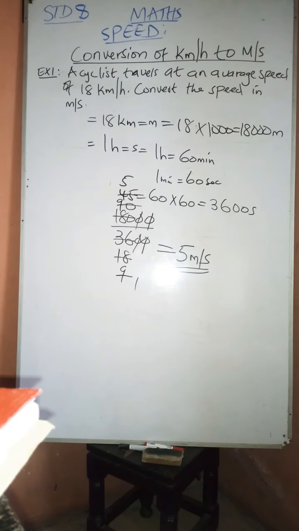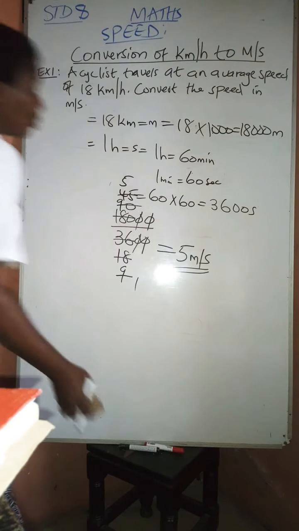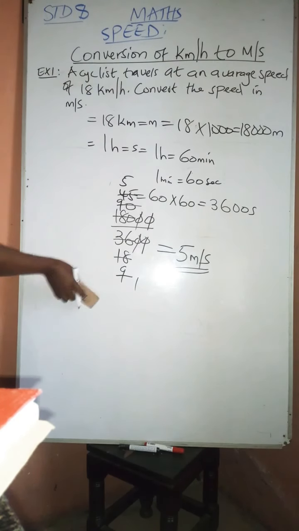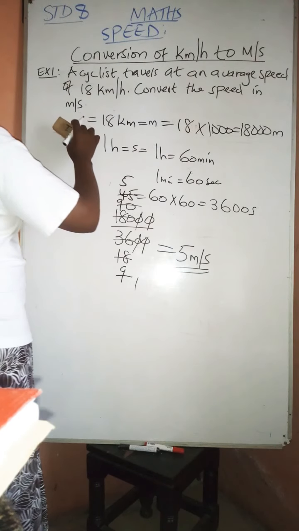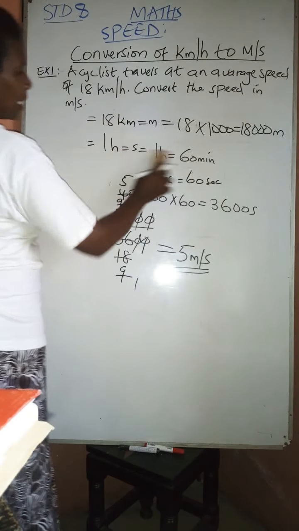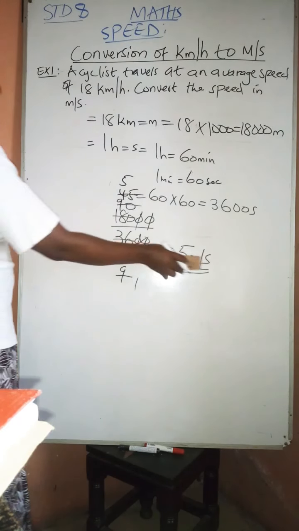So this simply means that in every second traveled, this person covered 5 meters. Now, we usually have a simple formula. This is the long method, the correct one to help us understand how we do the conversion.